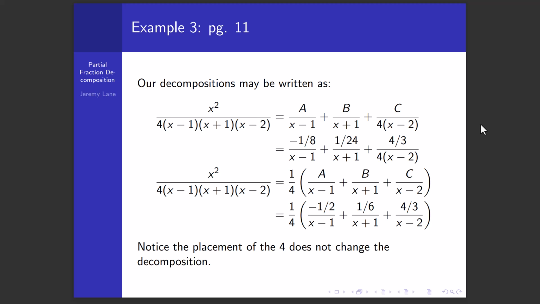If I leave the factor of 1/4 out completely from the fractional parts, just leave it as a separate factor, I end up with -1/2 divided by x minus 1, plus 1/6 divided by x plus 1, plus 4/3 divided by x minus 2. And this is what happens to the values of a, b, and c when the leading coefficient has been completely factored out and will be addressed later in the decomposition.